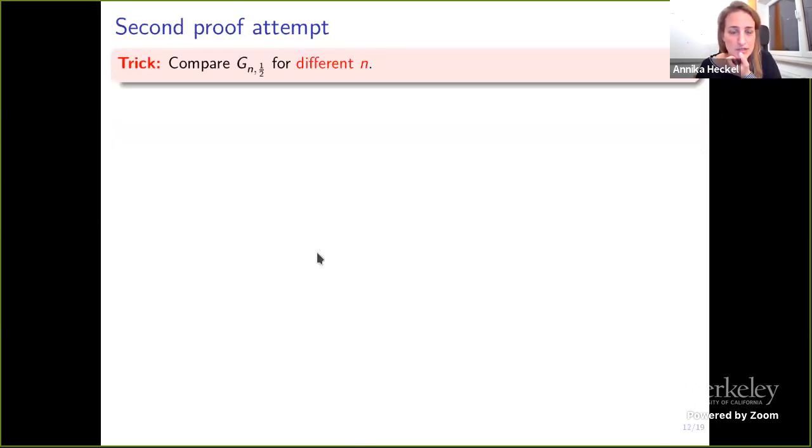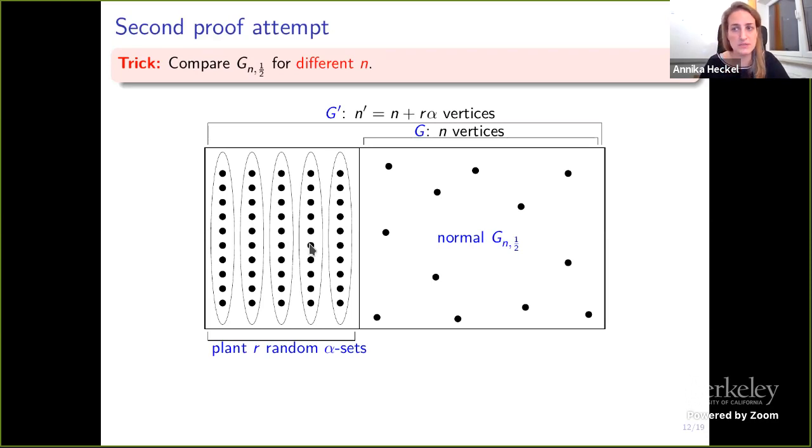So what did work eventually, or one of the main ingredients of how to make the proof work, is that we're not looking at G(n,1/2) for just one n, we're comparing G(n,1/2) for different n. The picture looks similar to the previous slide. What I want at the end is a G(n,1/2) nestled within, or embedded within, a bigger G(n',1/2), where n' is slightly bigger than n.